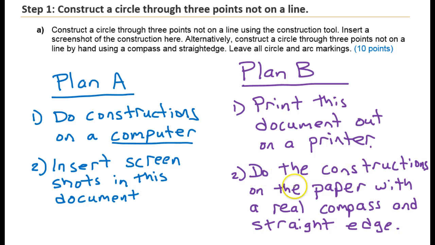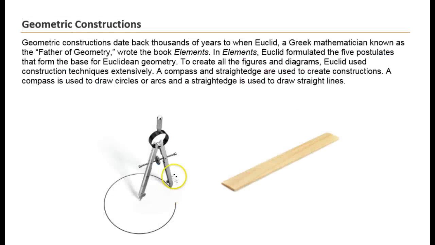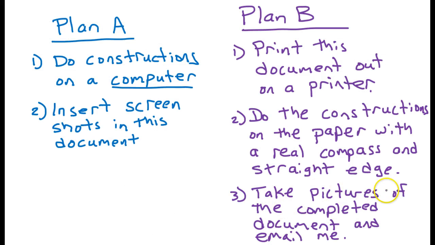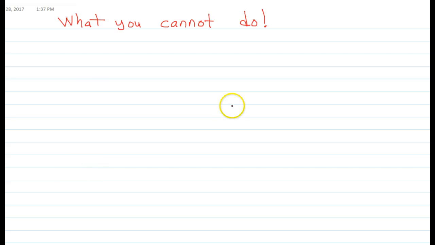And then you can do the constructions on the paper using a real compass and a straight edge. Alright, this is a compass, this is a straight edge. And I guess I need a step 3 here, because then you would take pictures of the completed document and email them to me. What you cannot do is take out a loose leaf sheet of paper and write a bunch of stuff down by hand. That is not acceptable.